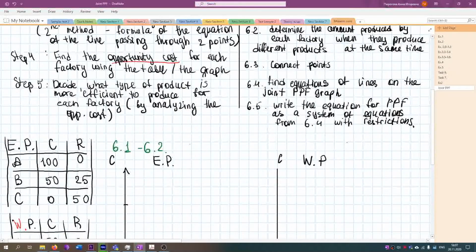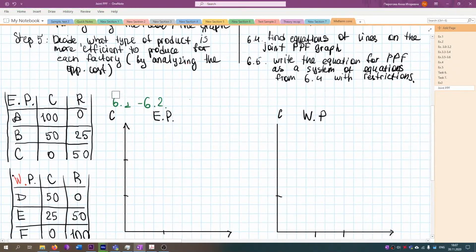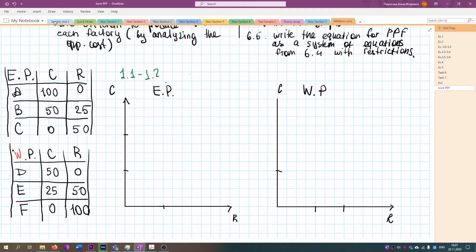So let's start with the first step. In the first step, we need to analyze our table and draw the graphs. So we see from the table that if the Eastern production produces only cars, it can produce 100 cars.